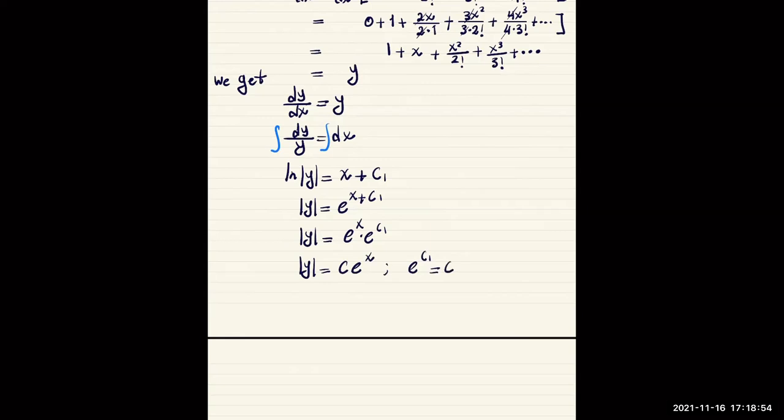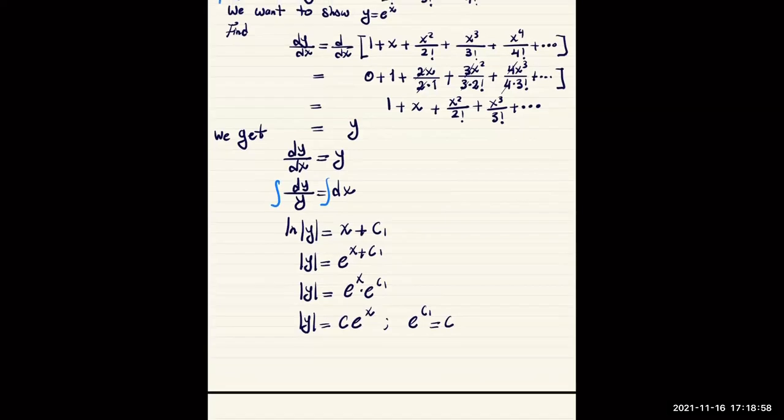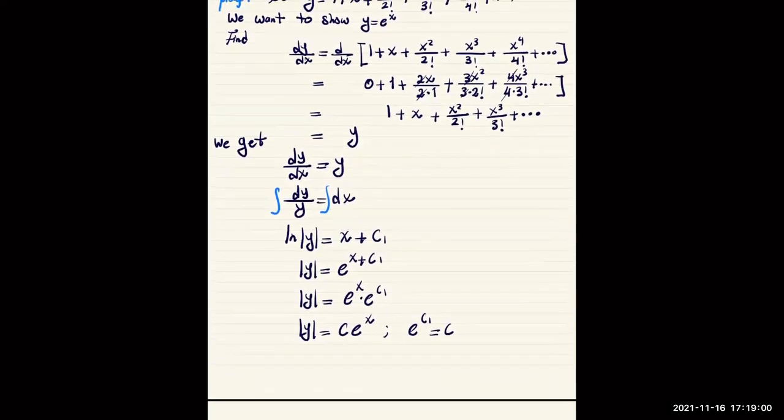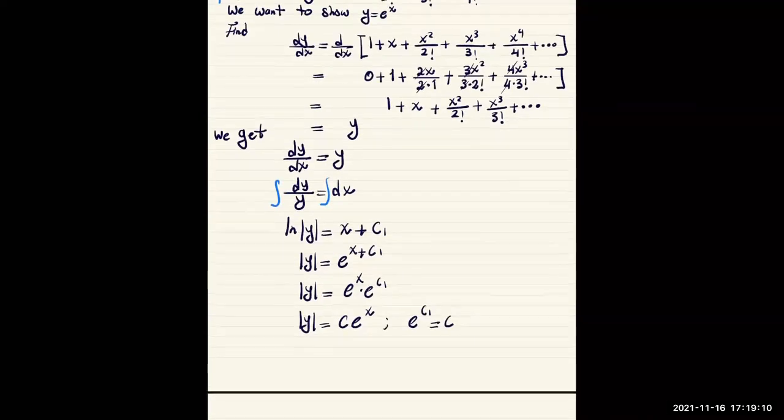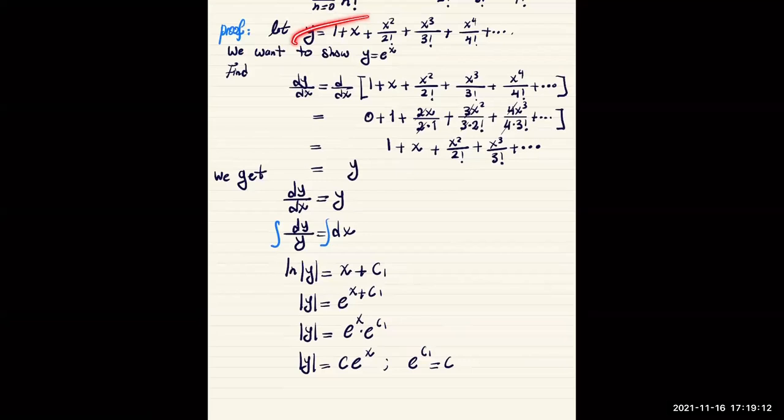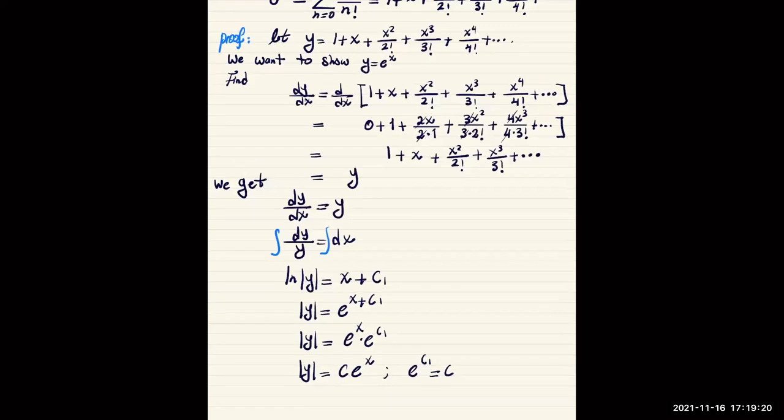Now I need to find c. I'm almost done. We're proving that this thing is e to the x. For us to find c, I need a point on the function. Okay, any point. I need a point on the function y. Here is your function. Just choose a point on it, any point that satisfies this function. Let's choose 0 for x.